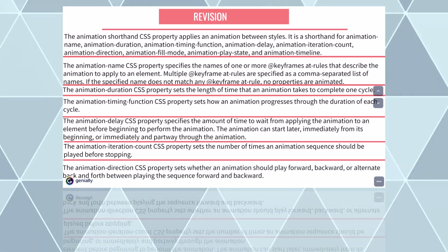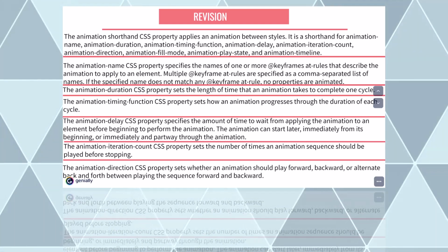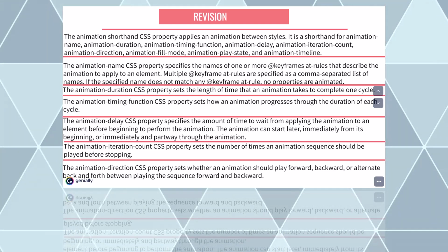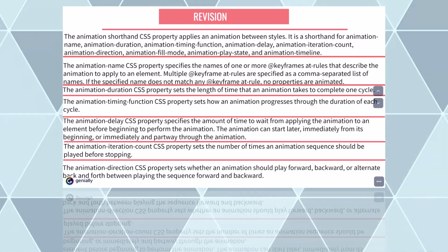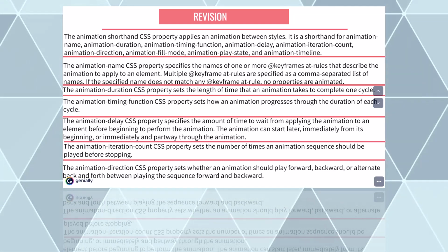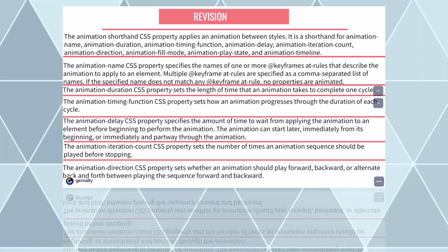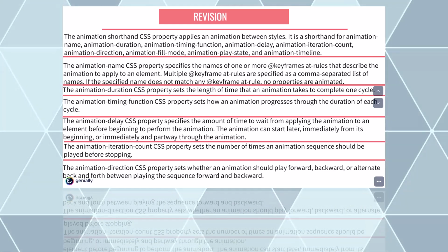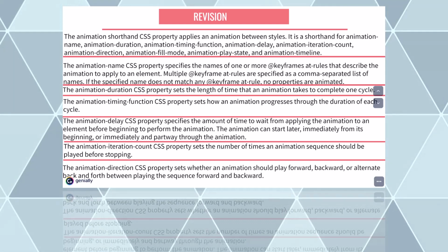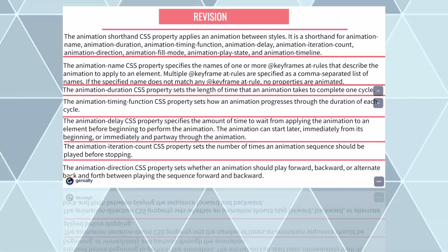So Tanvir, can you do the delay? The animation-delay CSS property specifies the amount of time to wait from applying the animation to an element before beginning to perform the animation. The animation can start later, immediately from its beginning, or immediately and partway through the animation. You understand it?